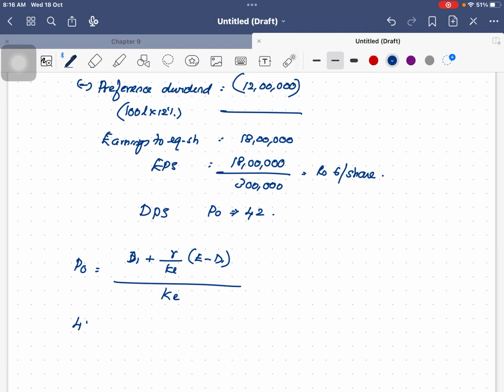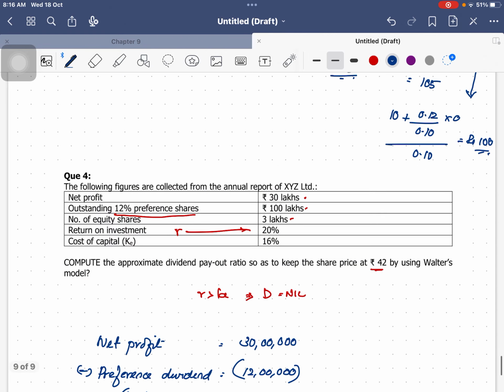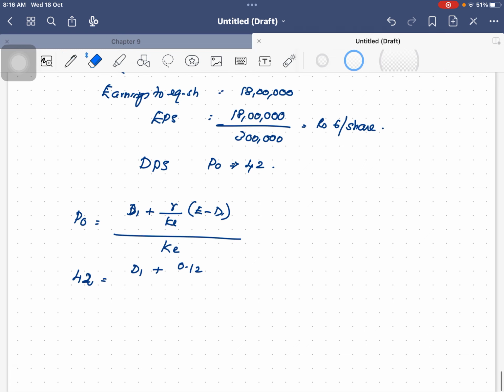So 42 is equal to D1, which we don't know, plus R, which is 0.2.